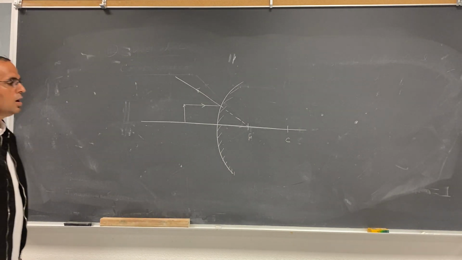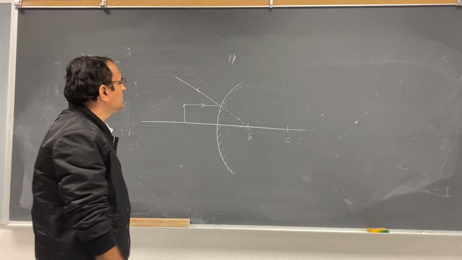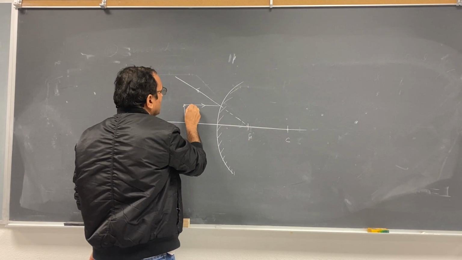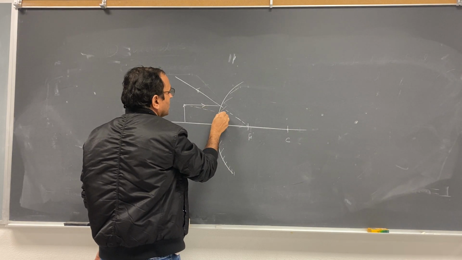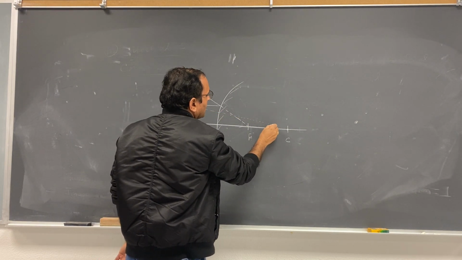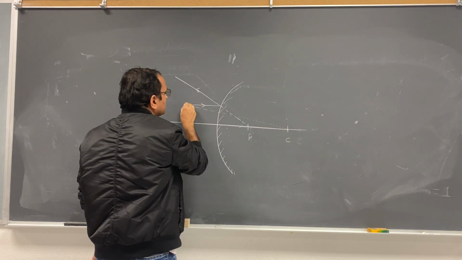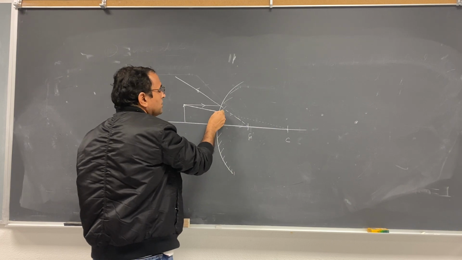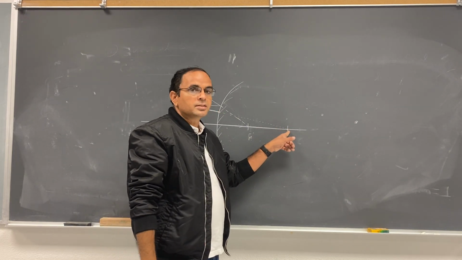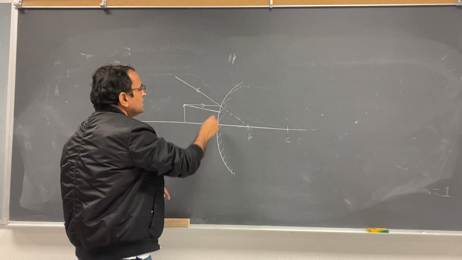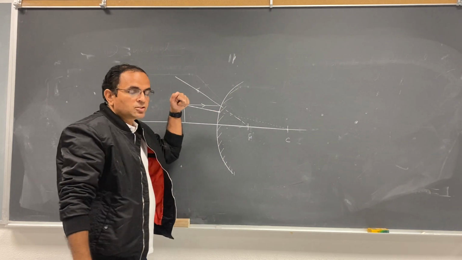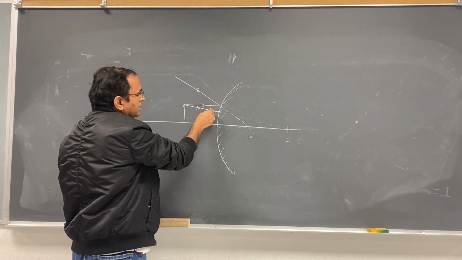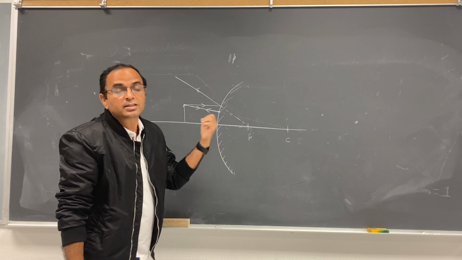What is next? Another ray in this case you can take from this point. If you take a ray from the center of curvature, it strikes the mirror perpendicularly, so the ray reflects and retraces the same path.